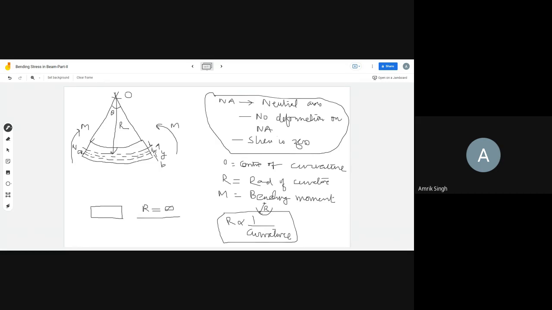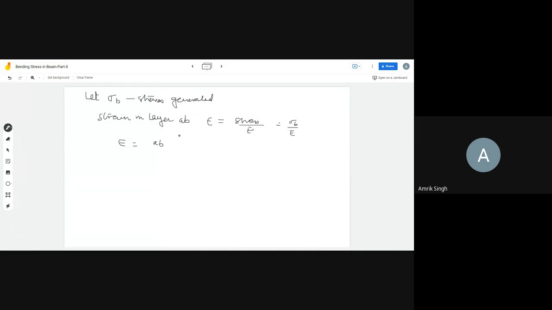Initially this is AB. So when you apply the bending moment, it has changed to A dash B dash. So the change in length will be A dash B dash minus AB upon the original length, that is AB.